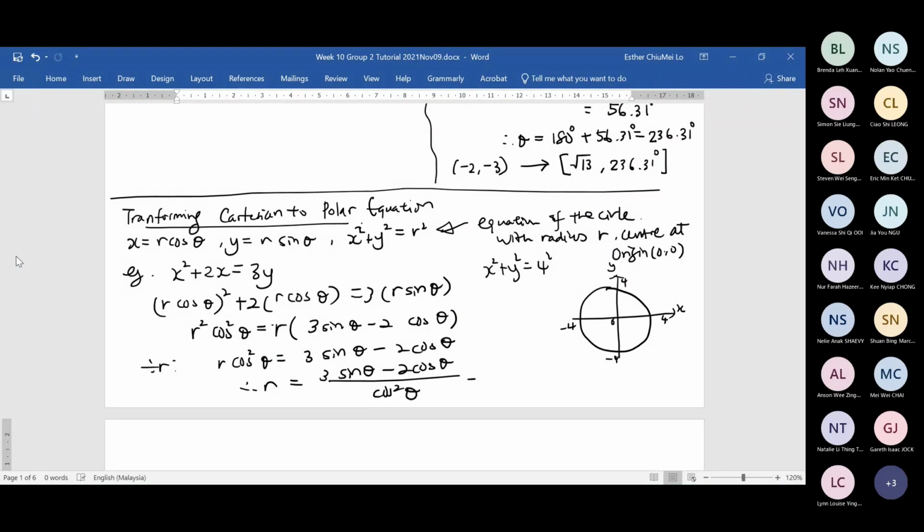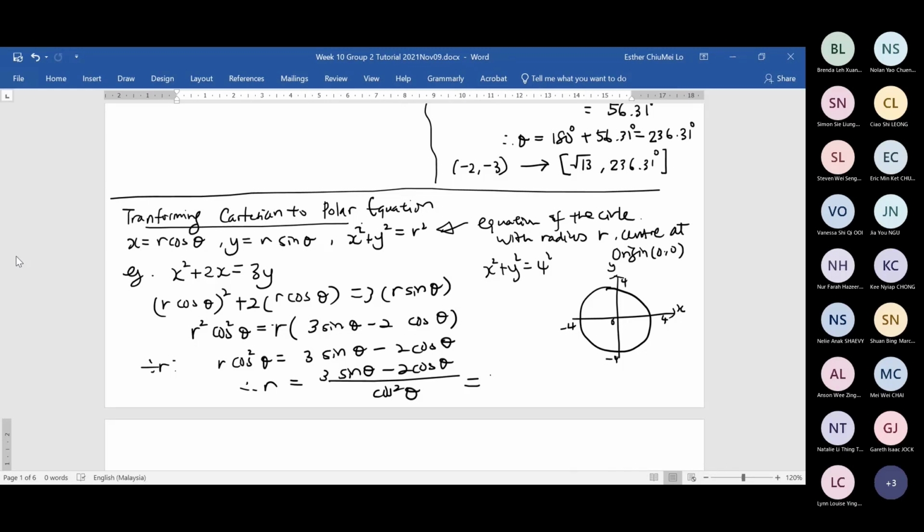Right, so here you can further simplify. As you see, there is a relation between sine and cos. Sine over cos gives you tangent, then you still have 1 over cos, which is secant theta.